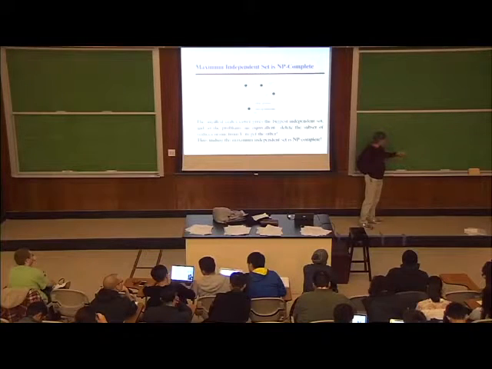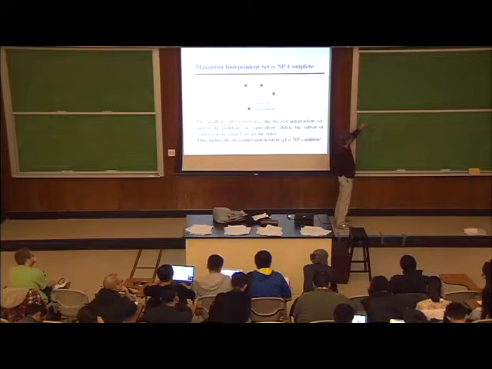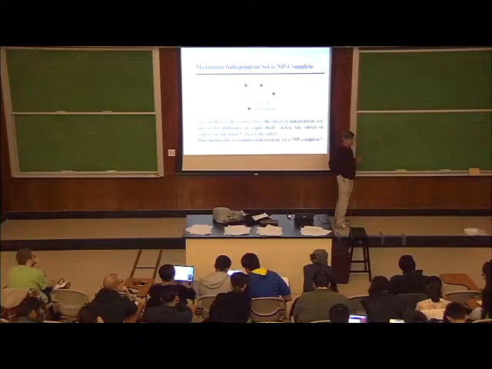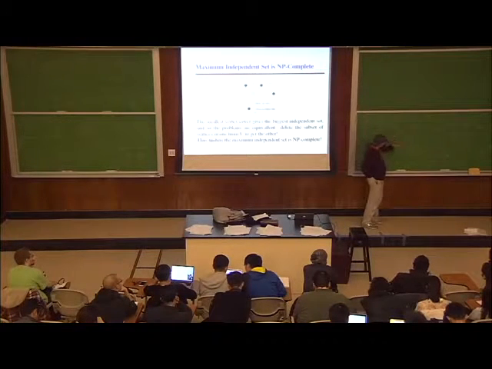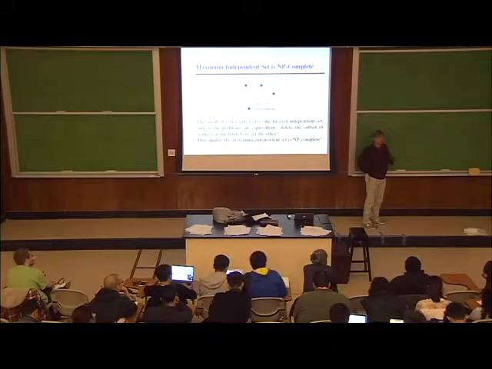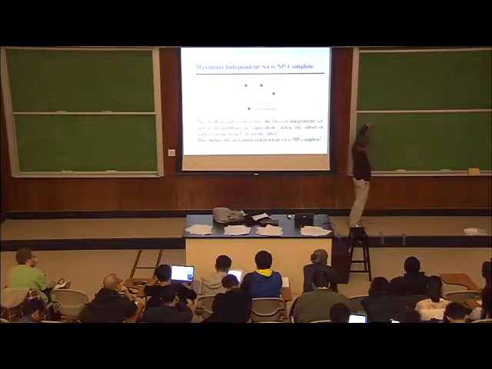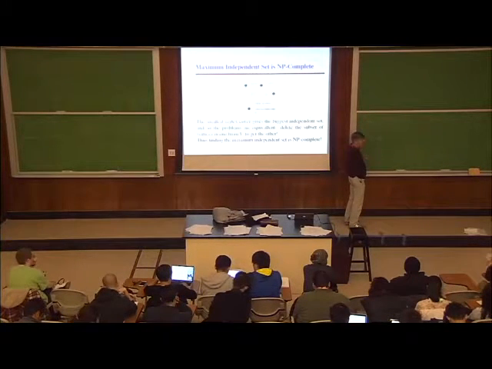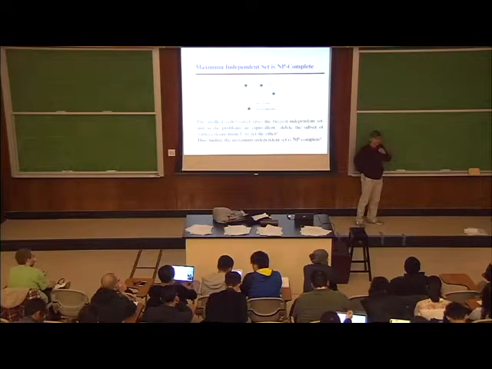If there was a fast algorithm for mobility, that would give you a fast algorithm for this hard problem. If it's hard, that means there is no fast algorithm for it. If a fast algorithm for this gave me a fast algorithm for something that doesn't have a fast algorithm, this thing cannot have a fast algorithm. That is how we prove things hard.